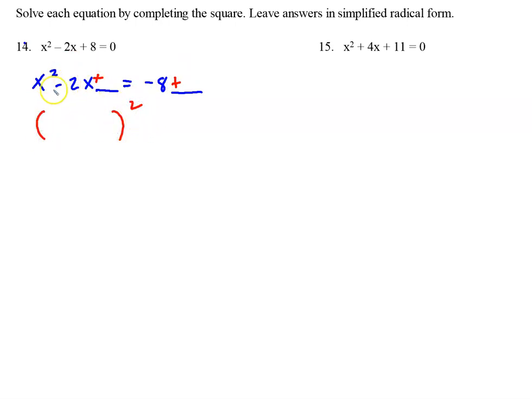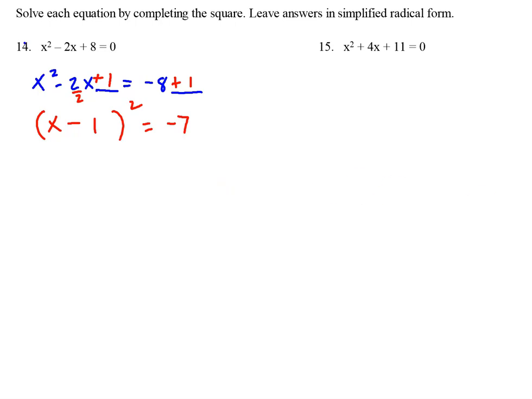Well, how we get that number is we do the square root of x squared, bring down this sign, and always divide whatever's in front of x by 2. And now the number that goes in the blank will be, in this case, negative 1 squared. Negative 1 squared is 1. Negative 8 plus 1 is negative 7.